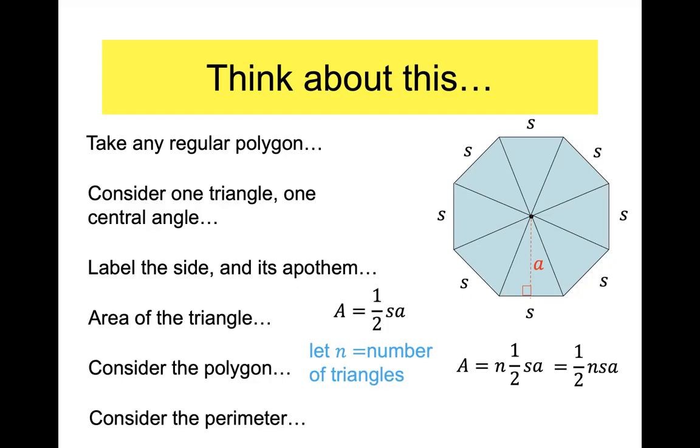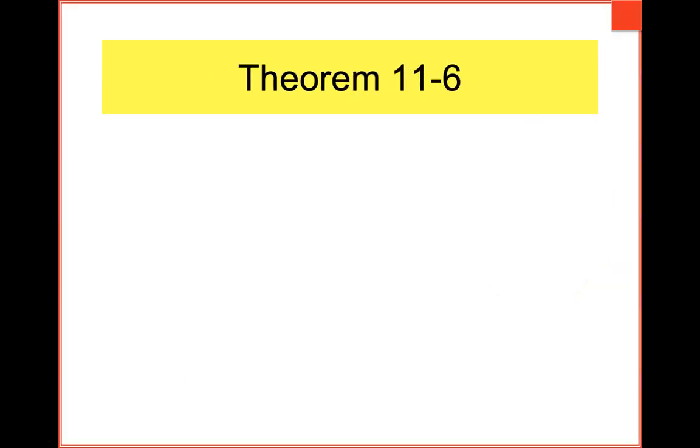In other words, there's n of them, because remember, n is how many sides, or triangles in this case. So P for perimeter is equal to N times S. And look at the formula we just wrote and why I moved the N next to the S. Now I have N and S, and I can do a quick substitution, and I can write 1/2 PA, and that's our formula. And that was a proof, just a talking proof.